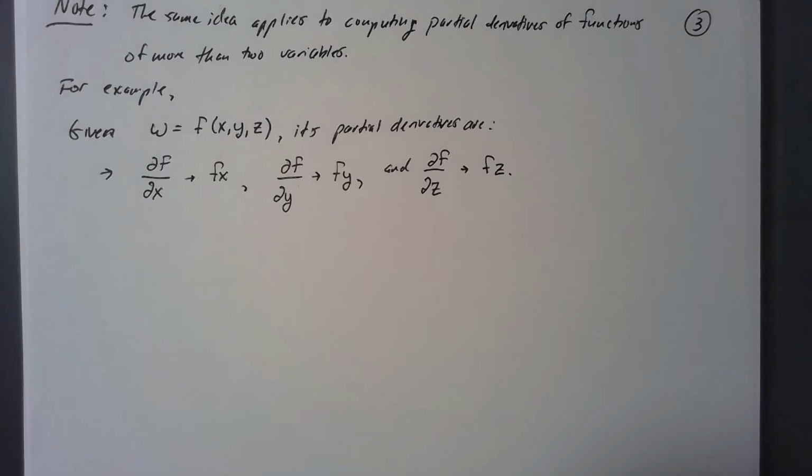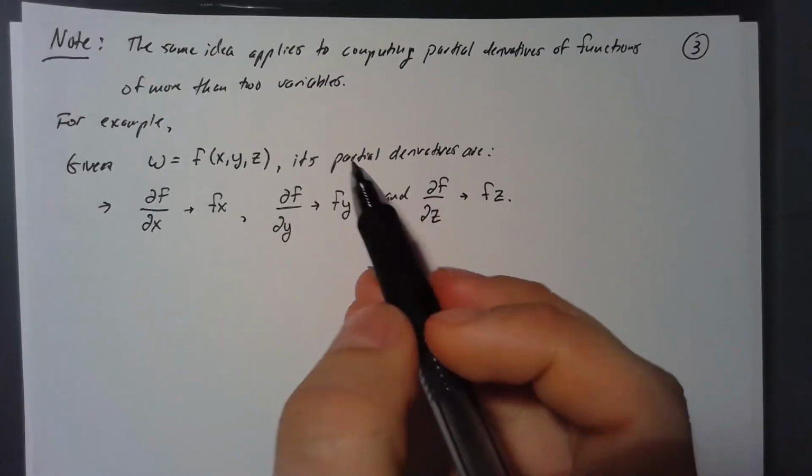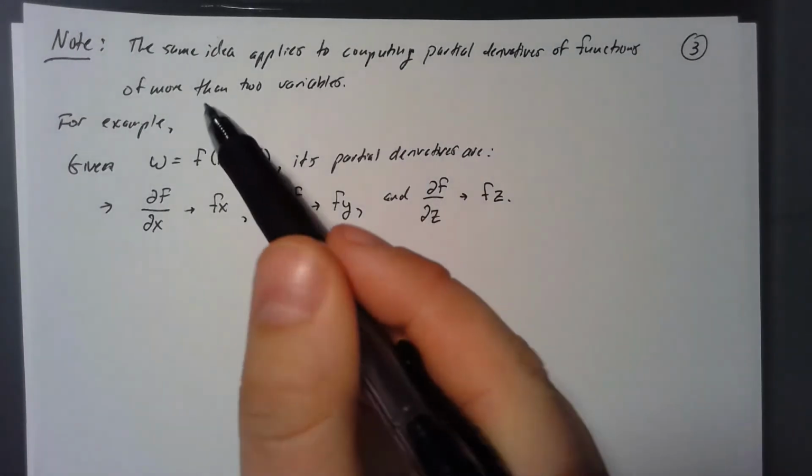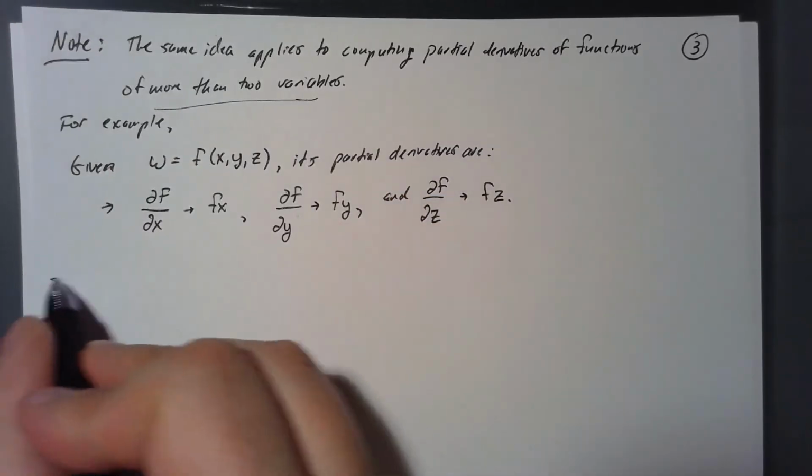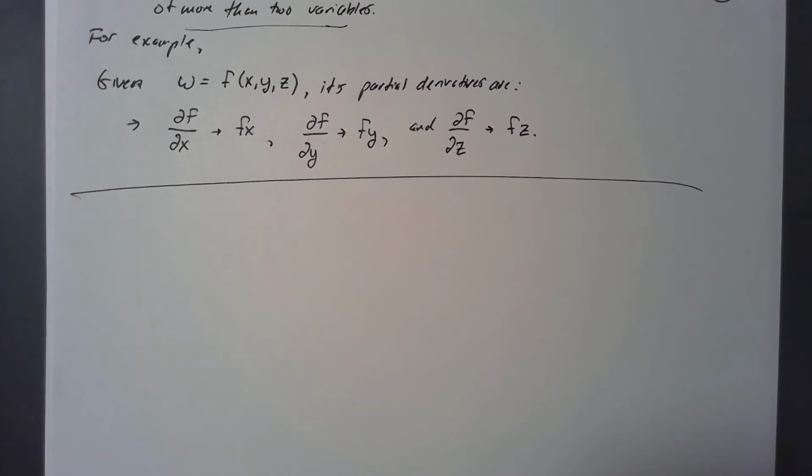So for as many variables as you have in the function, you're going to take just as many partial derivatives. There's really nothing too complicated about that, but I just want you to recognize that if you have partial derivatives of functions of more than 2 variables, just keep going for as many variables as you have.